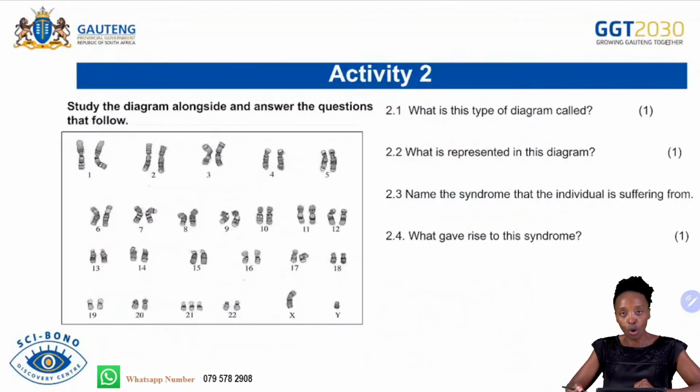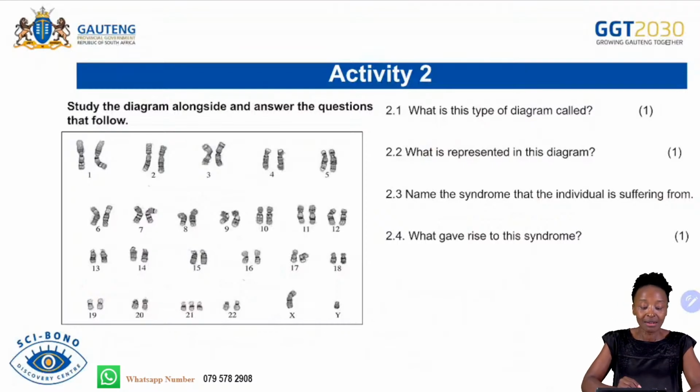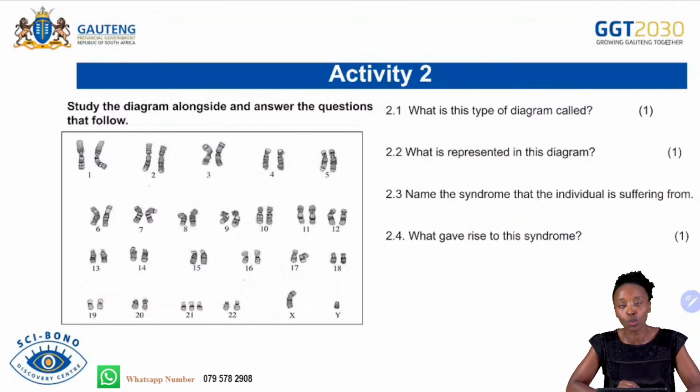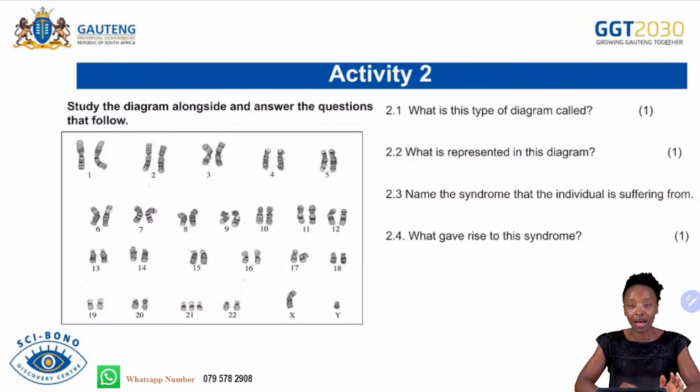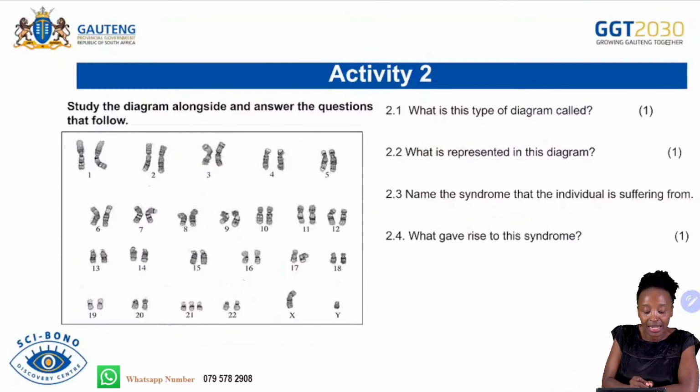So let's look at more questions now that you understand what is going on. The next one says, study the diagram alongside and answer the questions that follow. From what we did in part 1, we all know that diagram 1 represents what is called a karyotype. A karyotype shows the layout of all the chromosomes in your cell. If we look at this diagram, we can see that these chromosomes are in pairs.